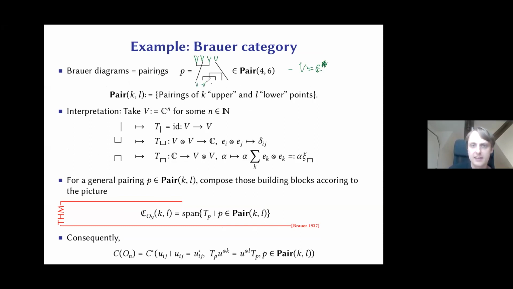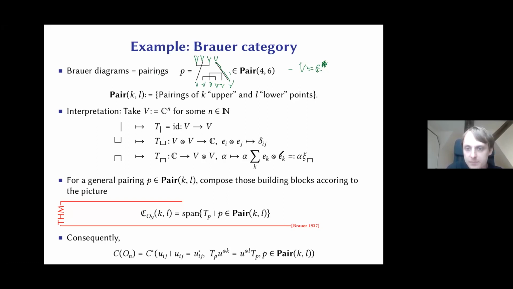So here are copies of some vector space, and those straight lines from top to bottom are just identities from V to V. Right. Now I also have some of the pairings like this. So this can be any bilinear map. So I can take, for instance, this canonical one, just delta ij, and those pairings on the lower rows.